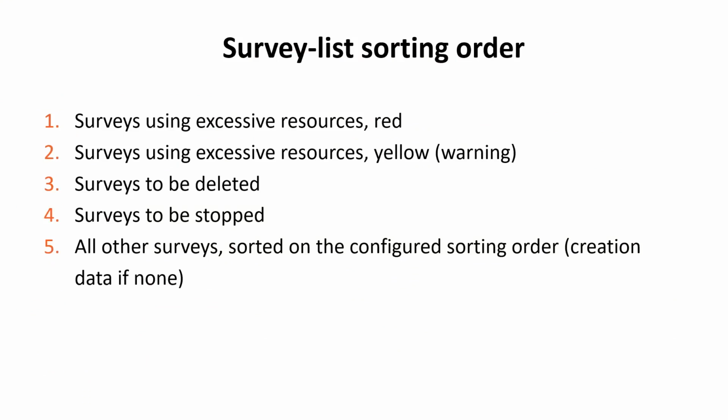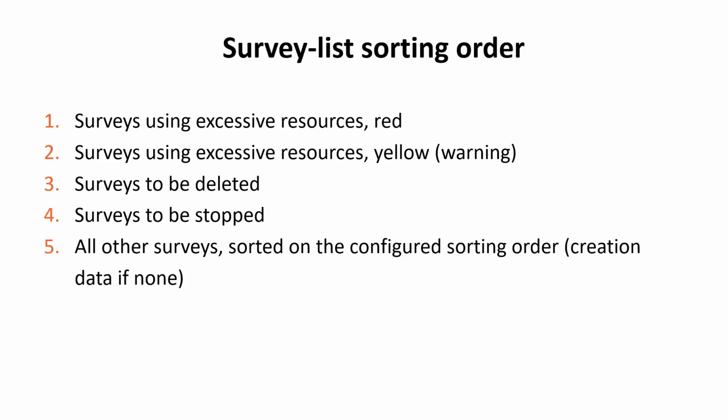The red ones are the ones where the system actually had to take action to prevent a survey from completely derailing. So those are surveys that you need to take a look at. That is the reason why those are colored red and why those are always on top if you have any.